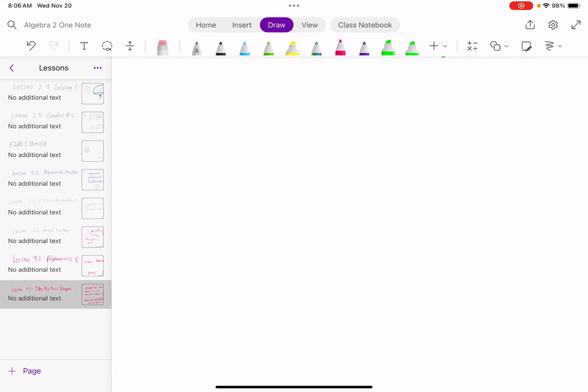For number 13, so I could let you guys go. It says for the function below, find any multiple zeros and state the multiplicity. Again, easy peasy for 13.